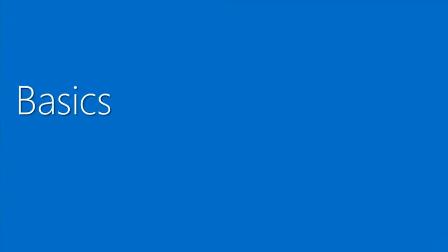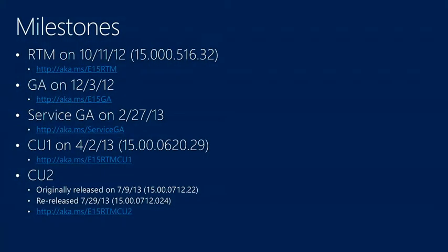In terms of the basics, obviously we released Exchange 2013 quite some time ago. In fact, it was back on 10/11/12, a very easy date to remember. Since then, we've had other milestones, such as the product becoming generally available. That's when it hits the price list and you can actually purchase it. There was also service availability, when we RTM'd Exchange 2013 in our Exchange Online services.